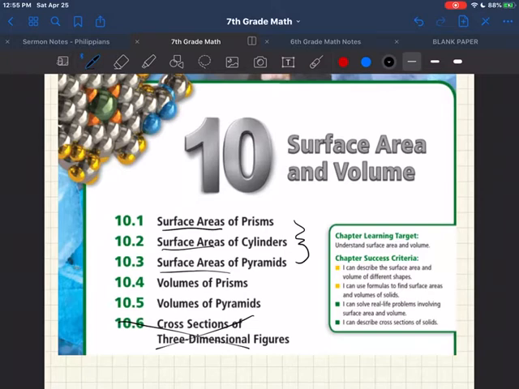And if you understand how to do surface area of a prism, you can also easily, hopefully, translate that to cylinders and pyramids. This week's going to be a little bit more challenging because you're going to have an extra homework, but don't worry, I will take that into account in how many problems I assign you. And then you will have a quiz over that.